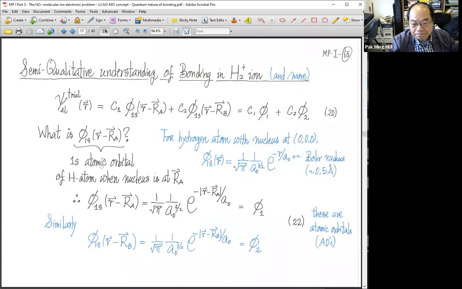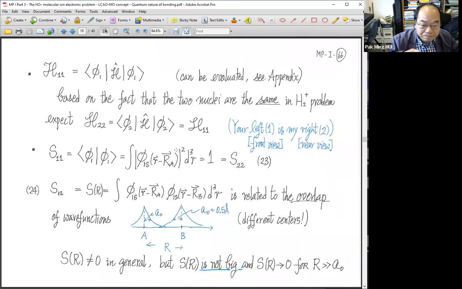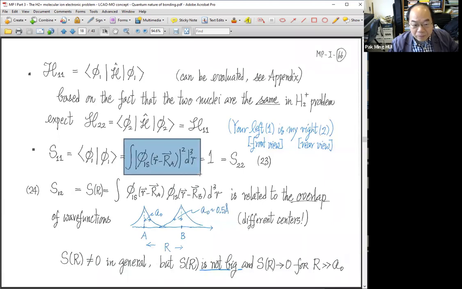What does it mean? Okay. Now, one is this thing, centered on the left. Another one is also centered on the left. So what does it mean? S11 is a direct overlap. Doesn't mean anything more. Both 1s are centered on A. Now, multiply together, they form the magnitude squared.